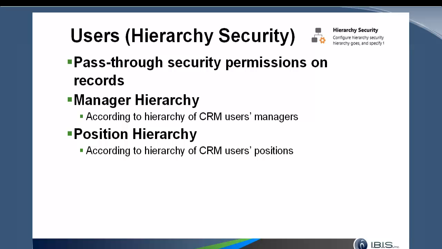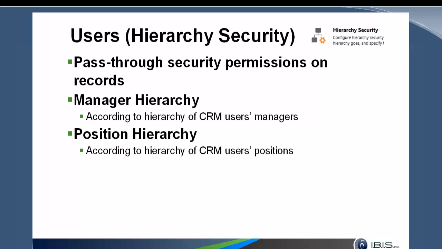So there's a new thing called hierarchy security, and you can configure it in one of two ways. We have two options to configure it. You can go with a manager hierarchy, which is where one user has a manager identified on their user record, and that manager will have some permissions to their reports records.